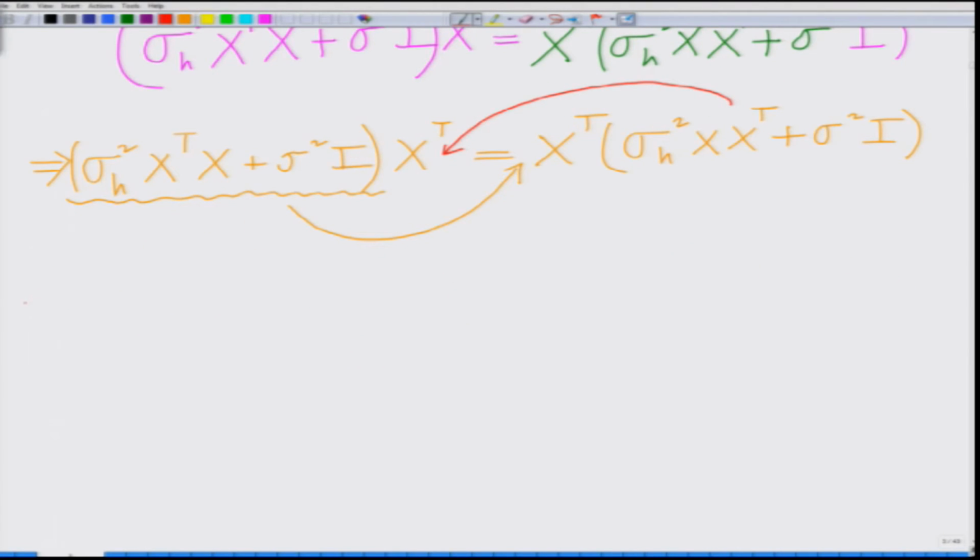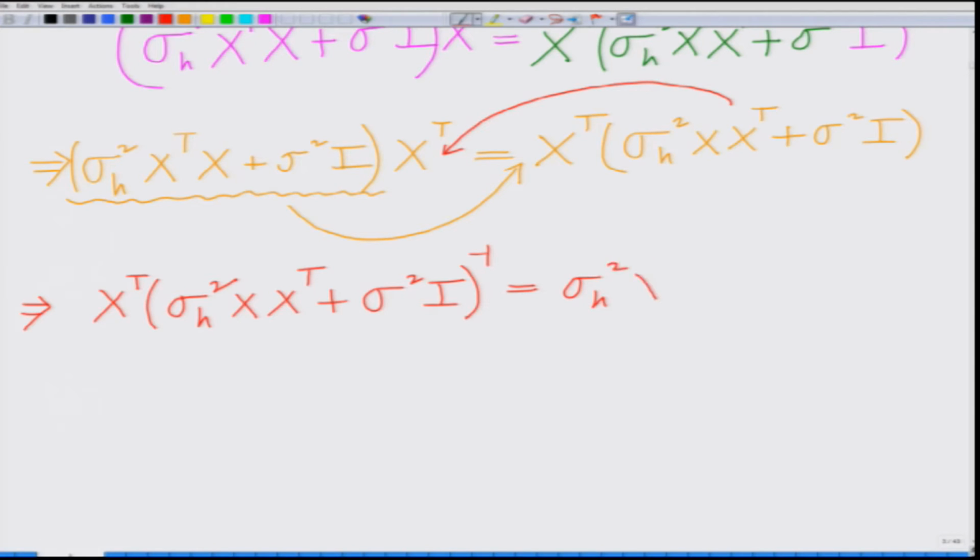Therefore you can observe that x transpose times sigma h square x transpose plus sigma square identity inverse is equal to sigma h square x transpose x plus sigma square identity inverse times x transpose, and this is the result that we have.